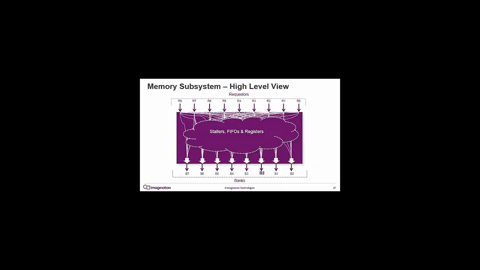However, when the design becomes more and more complex and blocks become subsystems, things get more interesting. This memory subsystem is an example of an arbiter that sits in one of our memory subsystems, which arbitrates over 9 requesters, and it can send the data to any of the 8 memory banks.